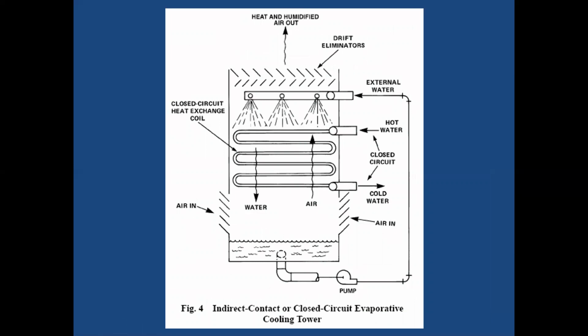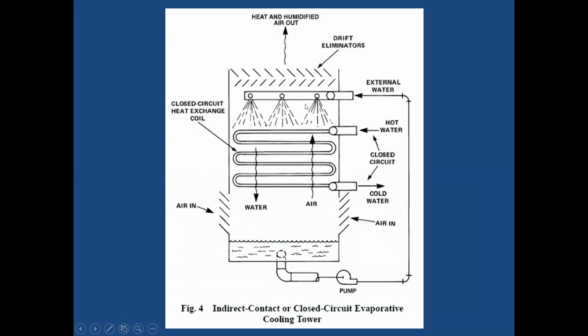Now, this is the indirect contact or closed circuit evaporative cooling tower. Its working principle is similar to our evaporative condenser, because here three fluids are used. Water or any process fluid coming from the condenser is made to flow through this particular coil, and this cold water or cold process fluid is sent to the condenser.